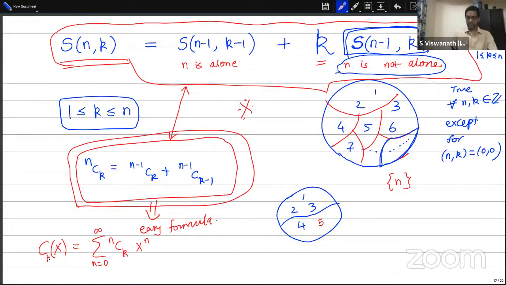Then the question is, use the same idea that we used for the Stirling numbers and figure out what C_k(x) is as a rational function in x. Then do partial fractions and see that you get exactly our usual easy formula for nCk.